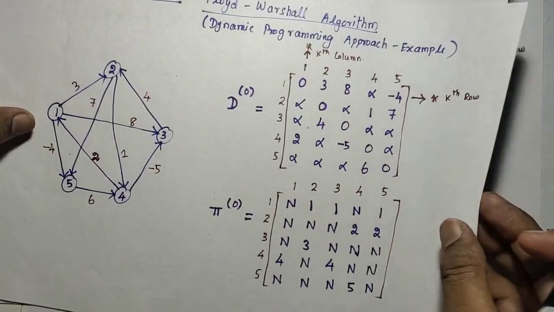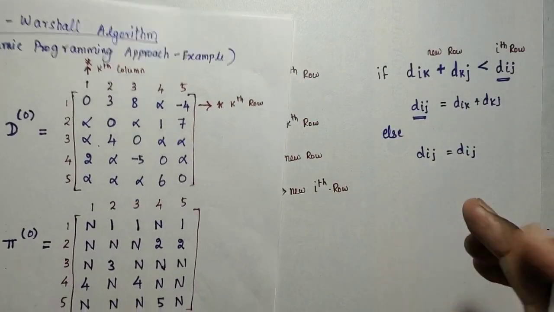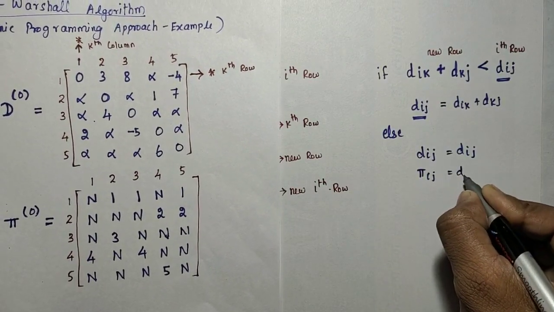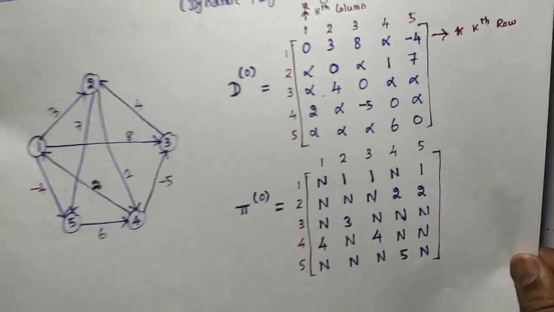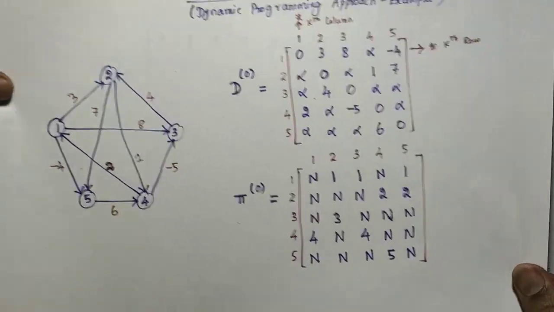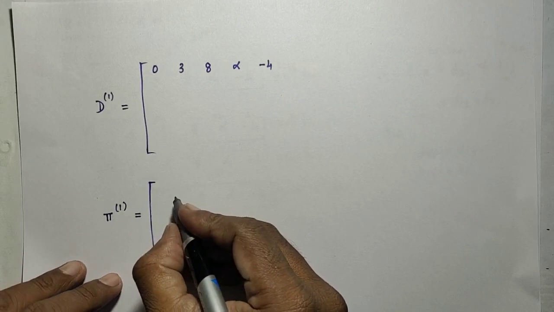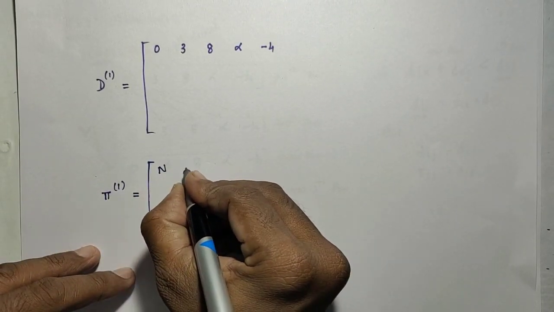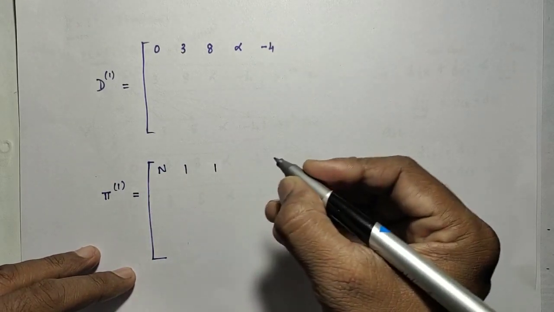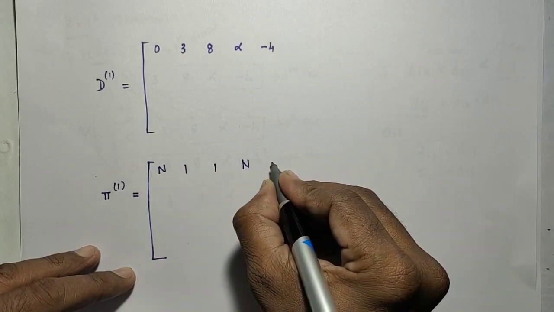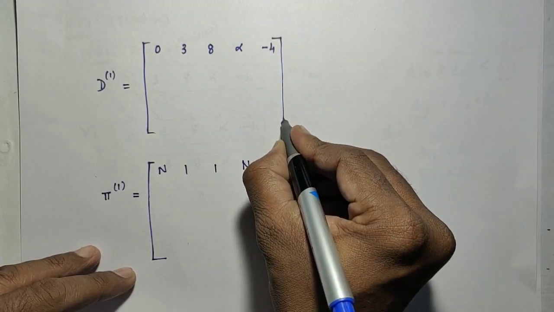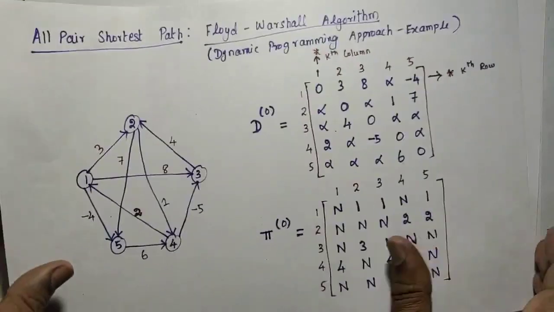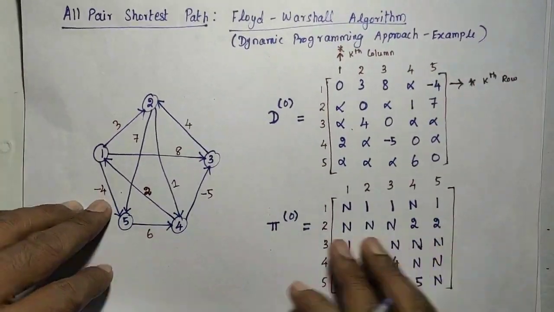No change means here also no change, so pi ij also stays as dij. That can be returned as it is in this case, that is n, 1, 1, n and then 1. So we have updated the first row, right?